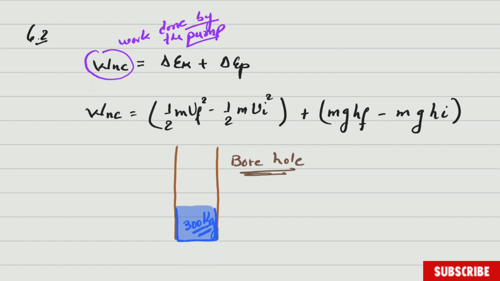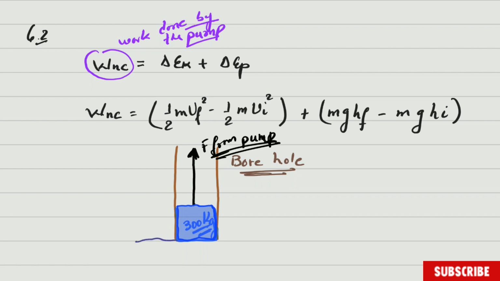Let's imagine this pump is like a rope that pulls it up. This is the force from the pump. Now this one is not exactly like this, please don't get confused. I want you to picture what is actually happening. This pump, the black arrow here, is pulling this bucket of water of 300 kilograms every 1 minute over a height of 30 meters.